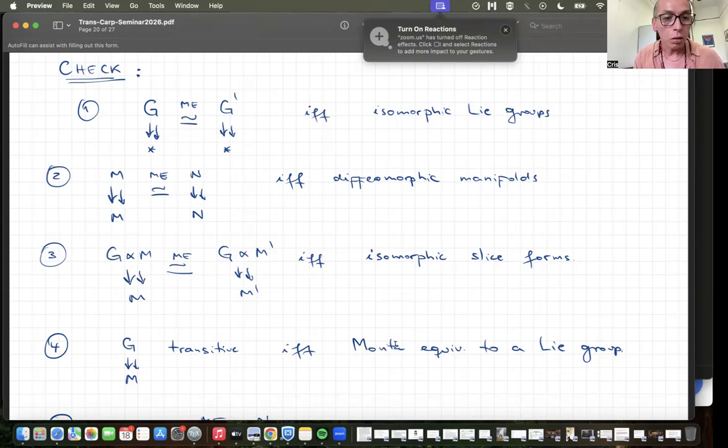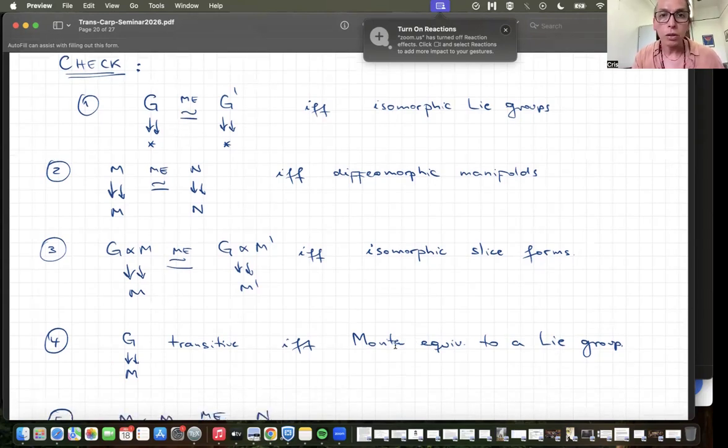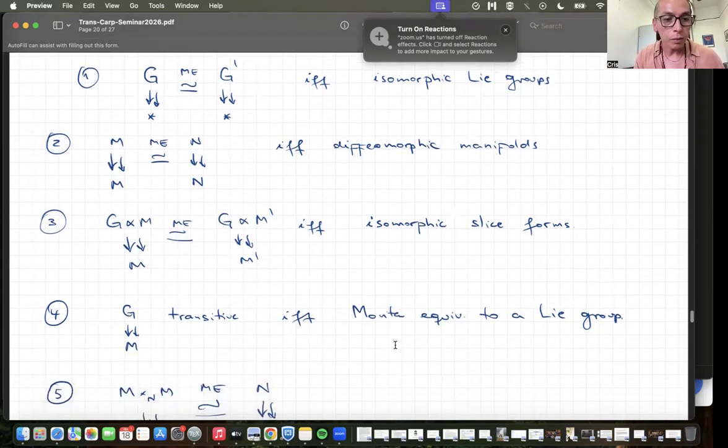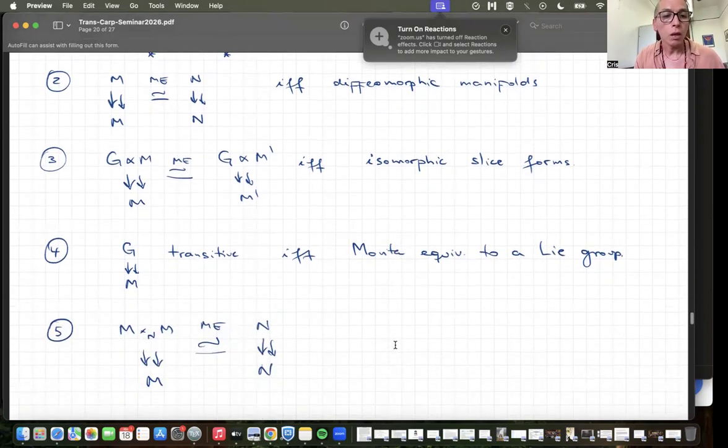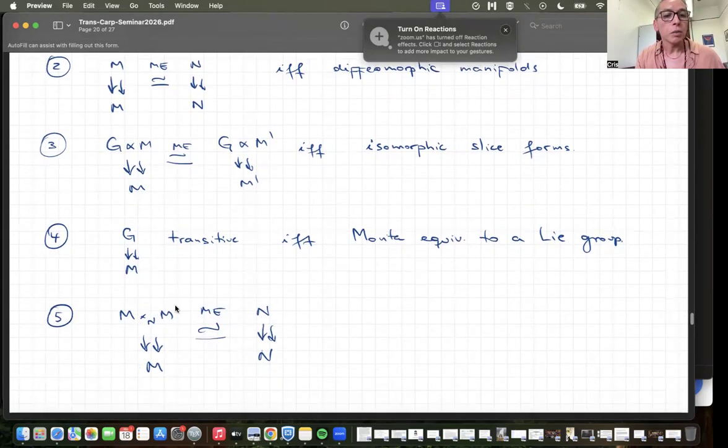So in particular, this gives you a Morita equivalence. Now in example 5, if you take a submersion groupoid associated to a submersion from M to N, then this groupoid is Morita equivalent to N, to the unit groupoid of N.